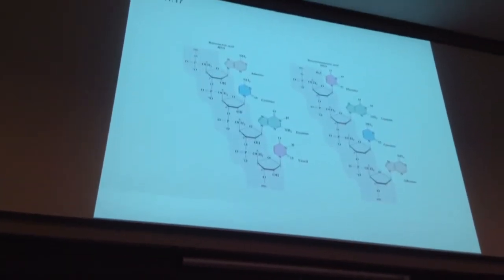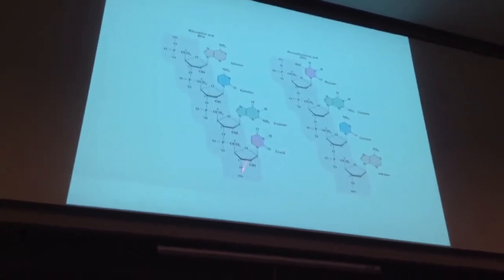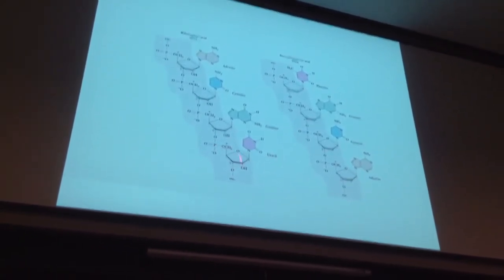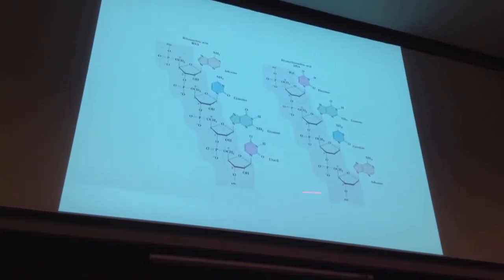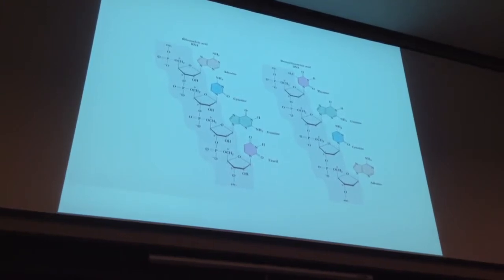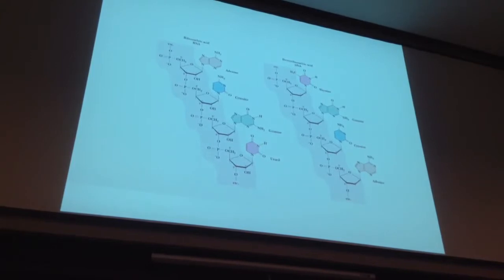Well, remember what DNA synthesis is. You have a template acting as a template for this. So the last nucleotide that's put in should be complementary to the base over in the template. And if they're complementary, what do they do? They form hydrogen bonds between the bases. If they're not complementary, what don't they do? They don't form hydrogen bonds.